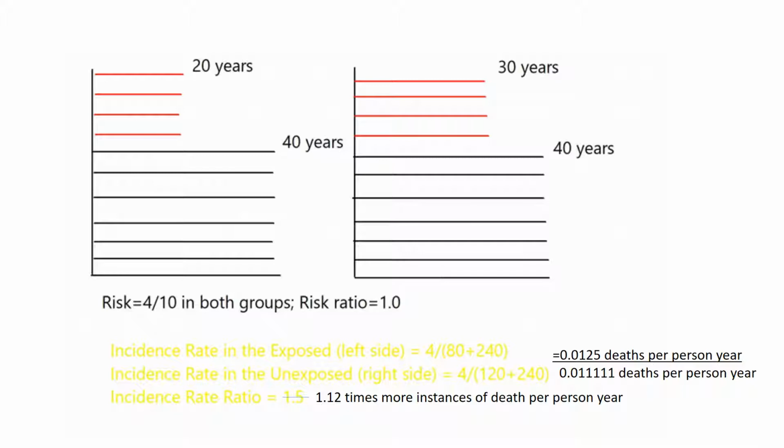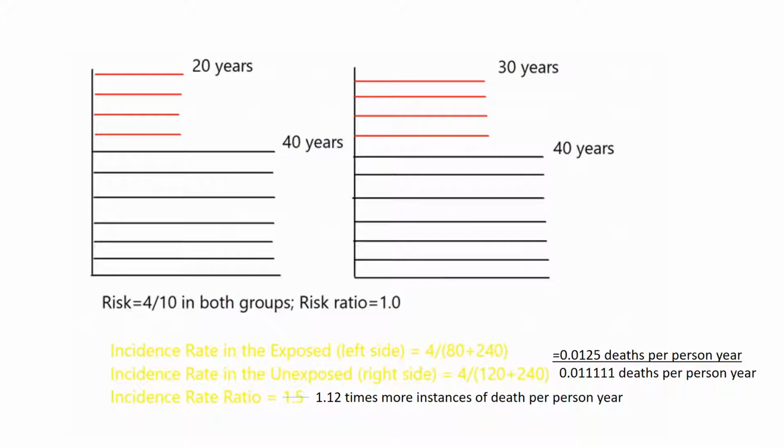And so that comes out to be 0.0125 deaths per person year. So basically, it's a concept of averaging out how many deaths happened over the total time period being measured. Not just the 40 years, but the total person time being measured.